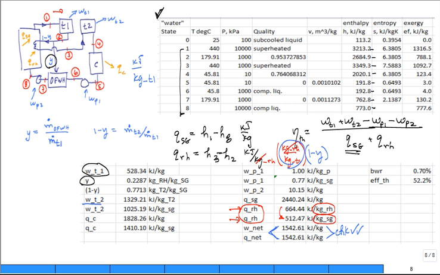This is the work out of the second turbine stage per kilogram that goes through that second turbine stage. But if you want it per kilogram that goes through the first turbine stage, it's smaller. It's 1329.21 times 1 minus y, or 0.7713, such that all of these terms here have the same units. Okay? Thank you for your attention. We'll see you.